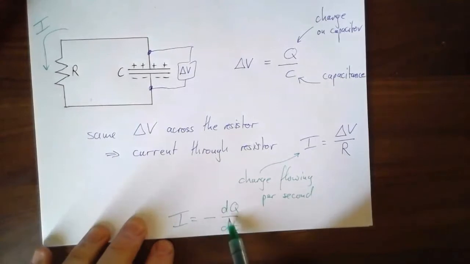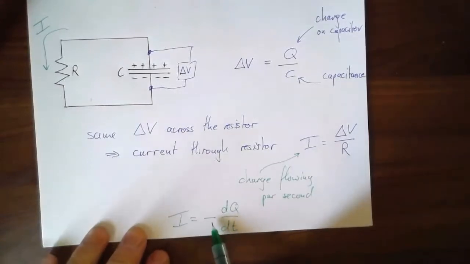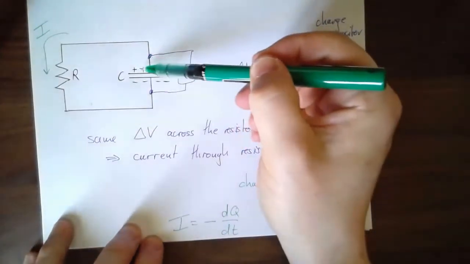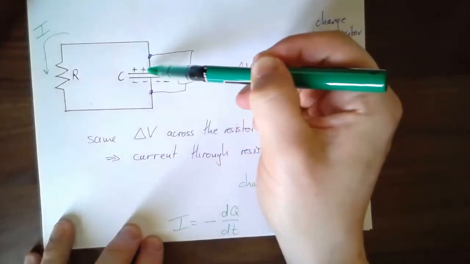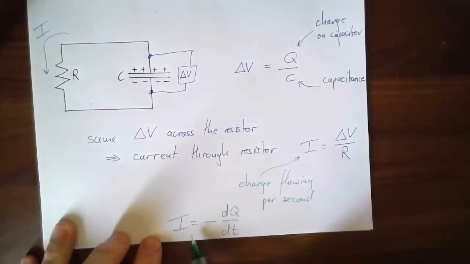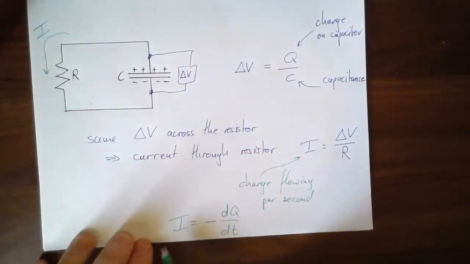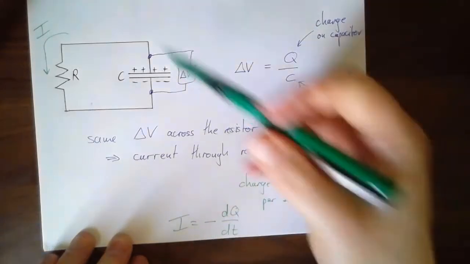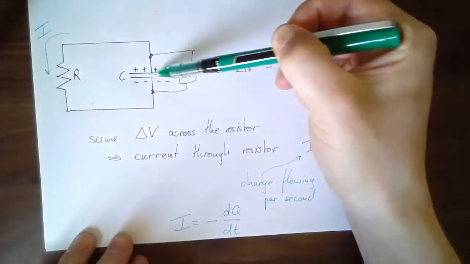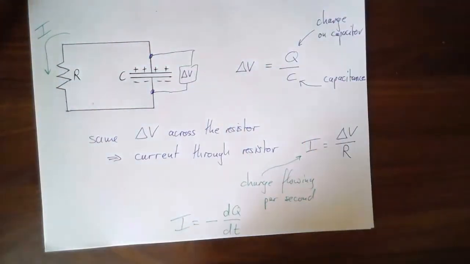Current, in this case, is minus the rate of change of charge. The minus sign is because it's going out of the capacitor here. So don't just look at this equation, write it down on your equation sheet and never think about it again. No, right? The minus sign is here because of the particular setup. I see, okay, the current goes this way, the capacitor is discharging.